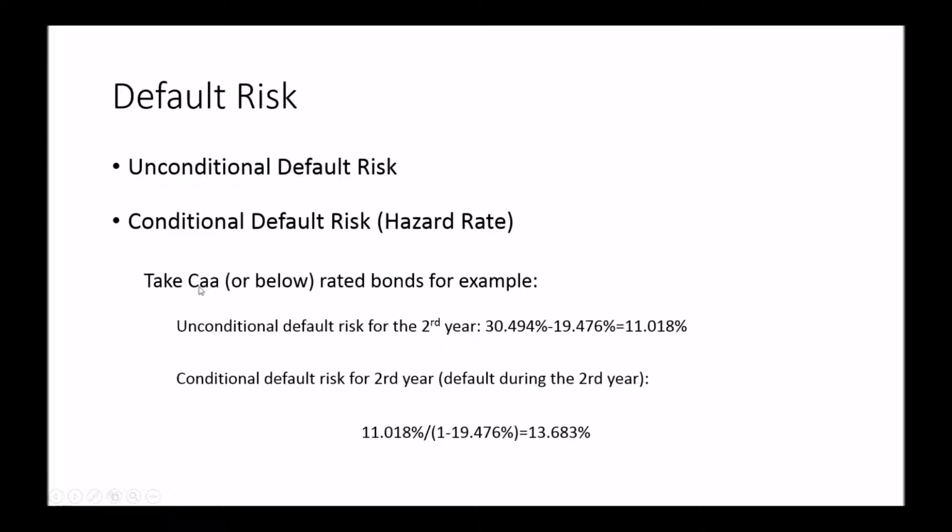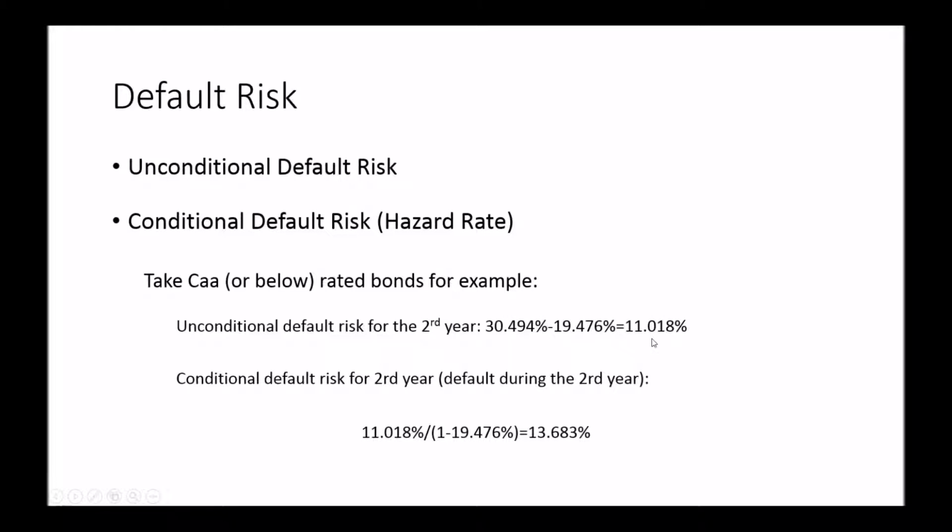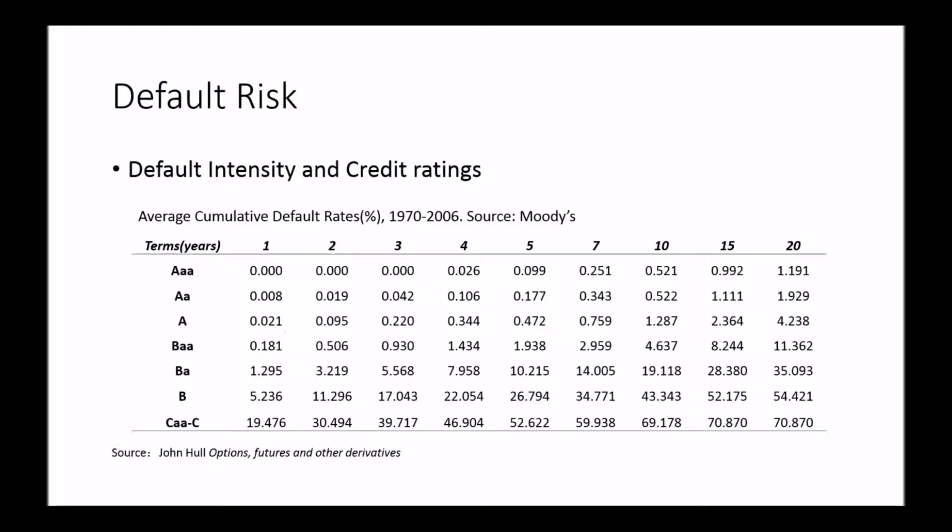If we look at the CAA rated or below bonds, the unconditional default rate of this bond to default between year 1 and year 2 is 30.5% minus 19.5%. That is around 11%. But we are not concerned about unconditional default risk. We are more concerned about the conditional default risk. The conditional default risk, also called hazard rate, is the possibility of this bond to default between year 1 and year 2.